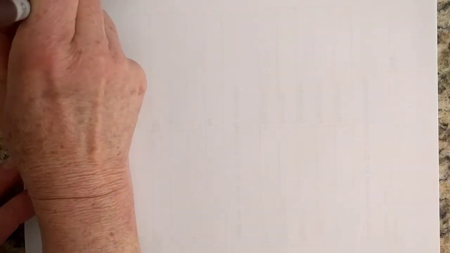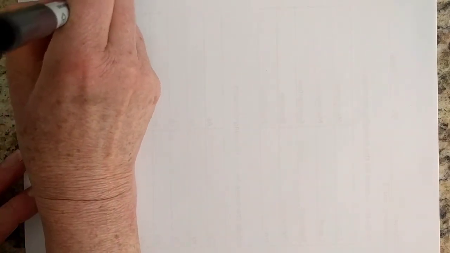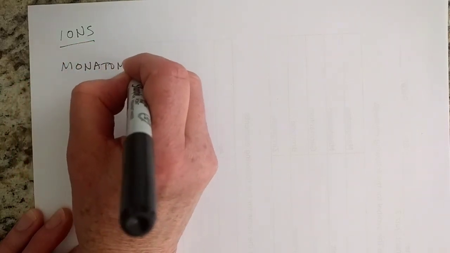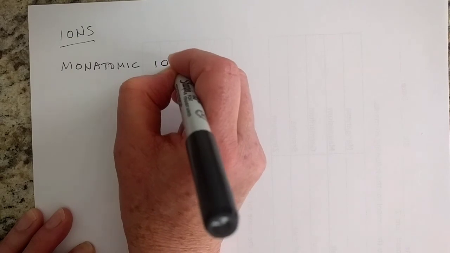All right, so now we're going to move on to ions. So we've talked a little bit about ions, and there are different types of ions. The ions that we've talked about so far when we did ionic bonding are monatomic ions.